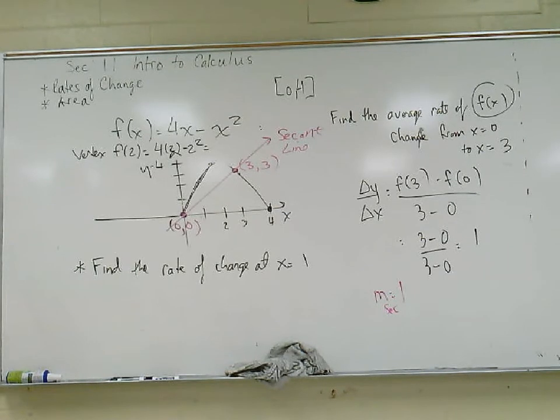It's only 1. So think about the car trip, right? We said on average from here to Chattanooga, you average 65 miles an hour. But what if I said right at your 1 hour mark, after you've been driving for 1 hour, what's your speed right at the 1 hour mark? Do we have the information to know what our speed was?